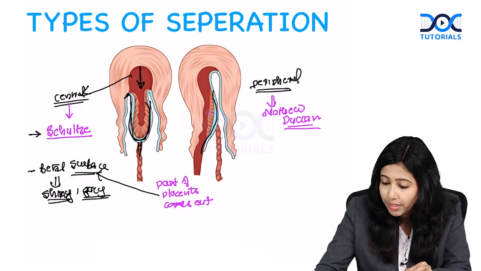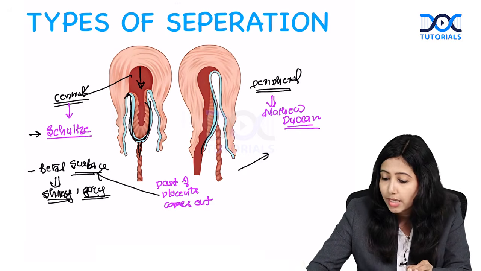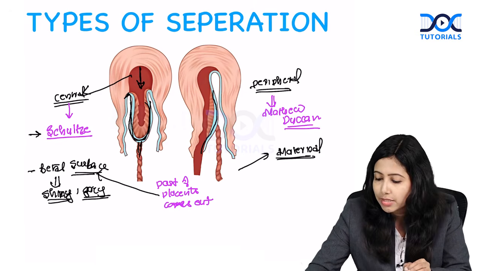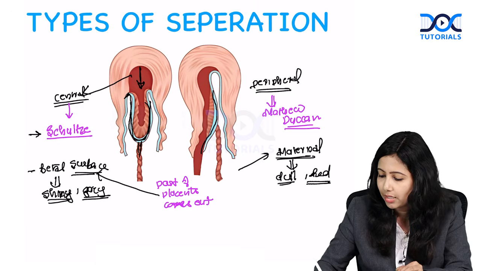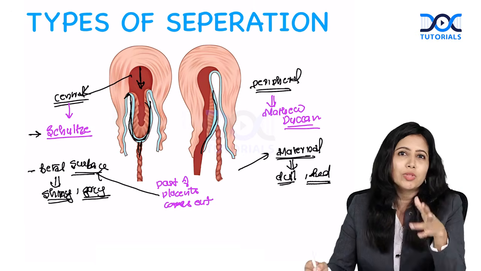Whereas in case of peripheral separation, that part that comes out is the maternal part, is the one that you see. The maternal surface is seen, and the maternal surface is usually dull red in color. So, you can remember that dull red, looks like dirty, right?